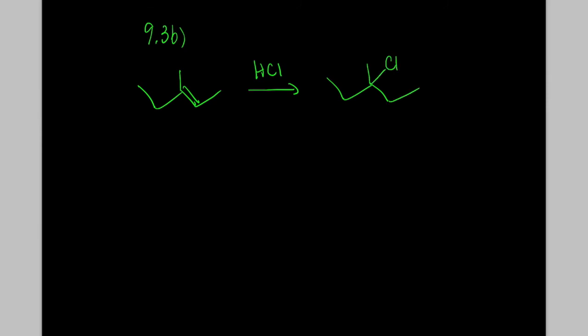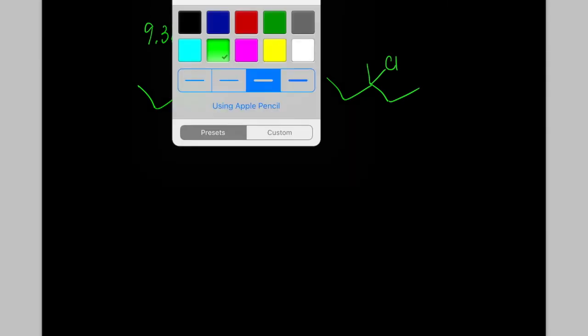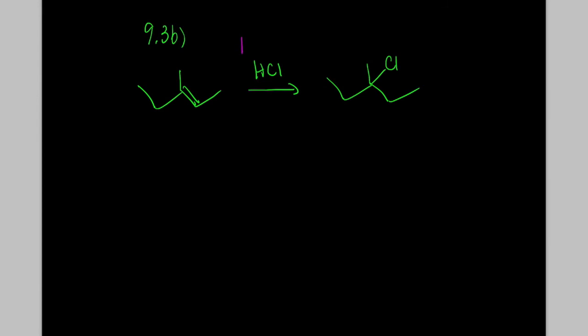Let's do 9.3b. Okay. The reaction looks like this. Oops, not double bond. Okay, and again, it's easy to type HCl on your typewriter, but it's more difficult to draw in the bond and everything. So that's why these textbooks and so on leave that off.